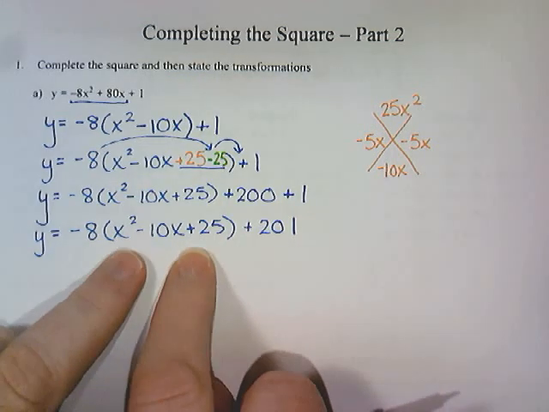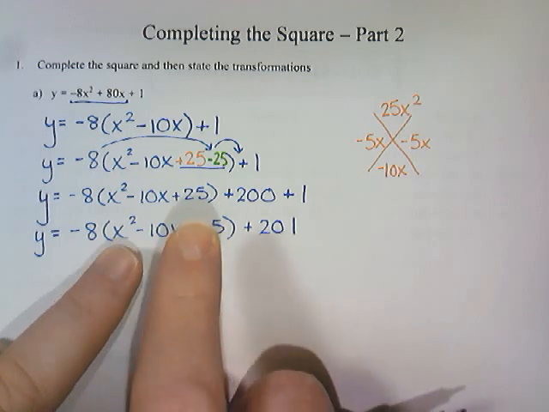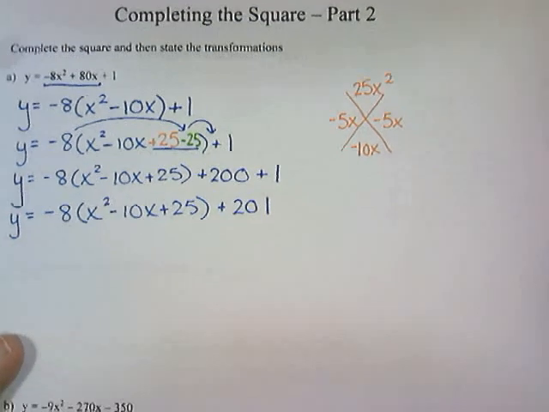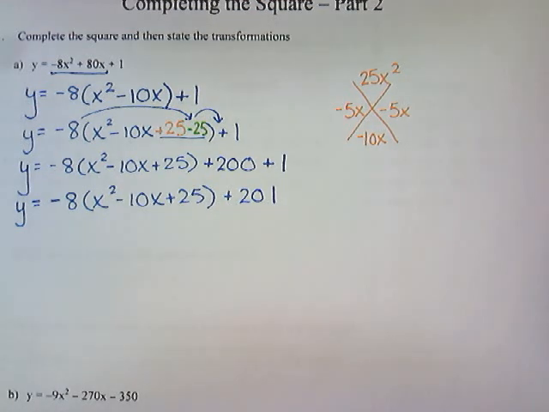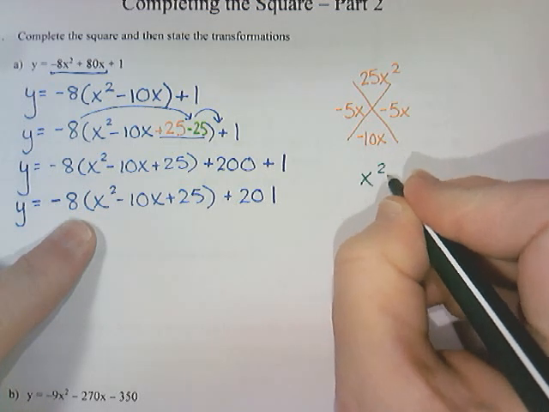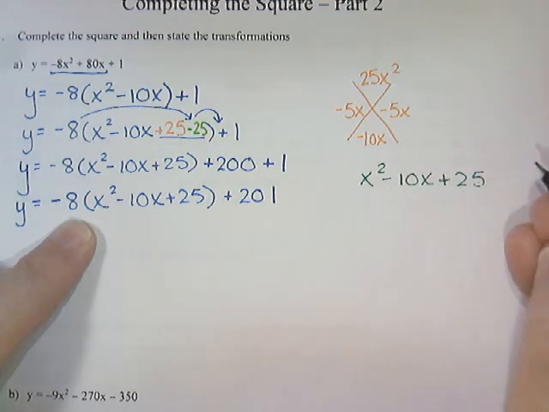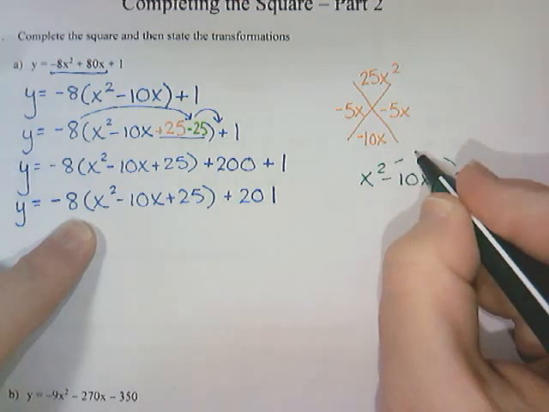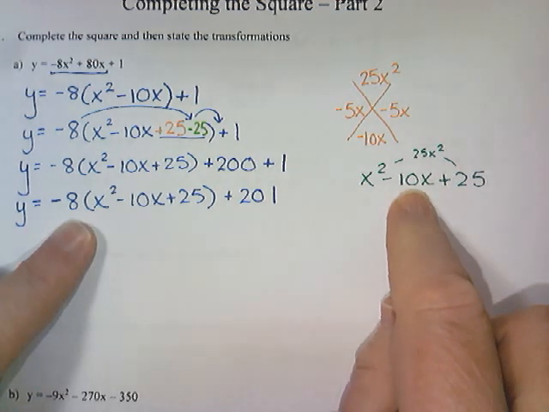So I'm going to take x squared minus 10x plus 25, and we are going to factor that. I like to do that off to the side. I find if I try to do it in here, it just gets really complicated with all sorts of brackets. So I'm going to do x squared minus 10x plus 25. We are looking for two terms that multiply to 25x squared and add to negative 10x.